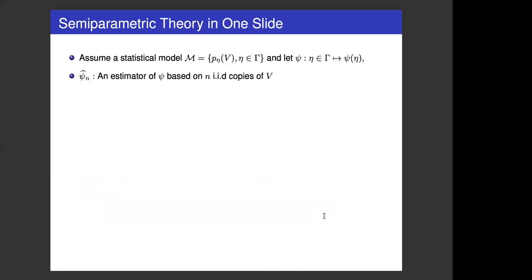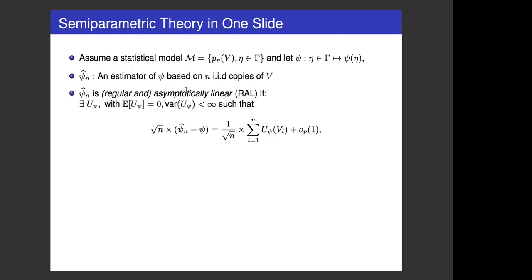Assume we have a statistical model over a set of random variables V, where gamma here is the parameter space and eta indexes a specific model, and we are interested in the parameter psi. And psi hat n is an estimator of psi based on n IID copies of V. We call this estimator regular and asymptotically linear if there exists a measurable random function u psi that has mean zero and finite variance, such that we can write the difference between the estimator and the parameter as a function of u psi plus a term that goes to 0 in probability as n goes to infinity.